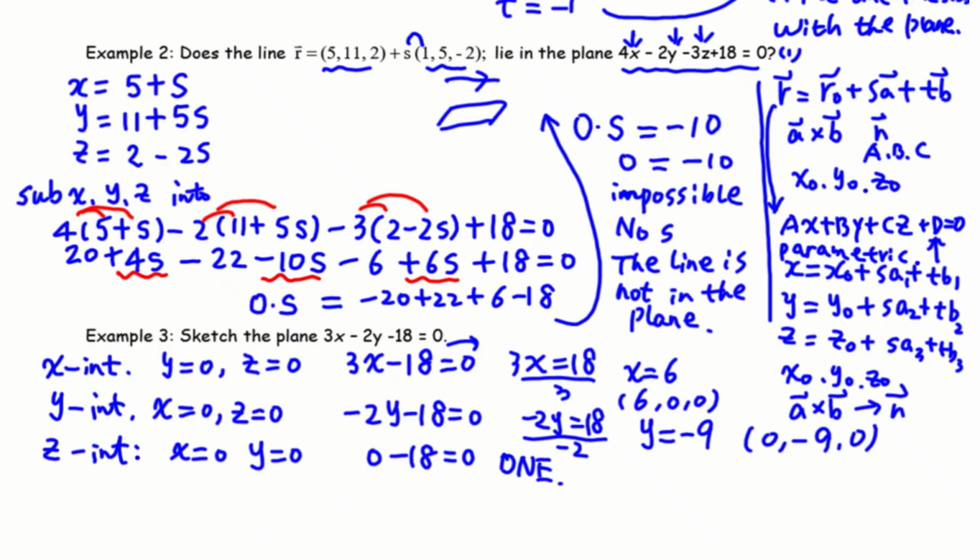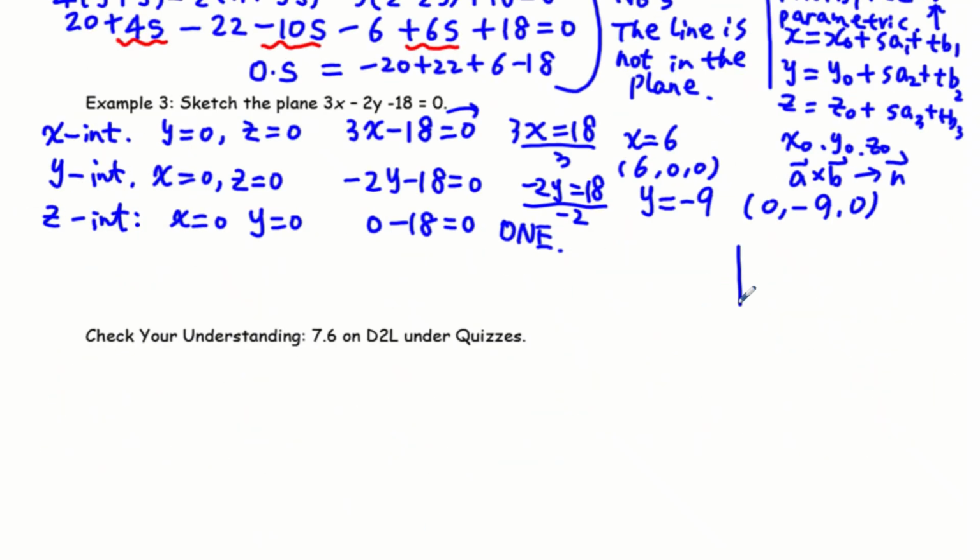Then how are we going to graph it? We are going to draw the x, y, then we hold our hand, the finger from x to y, wrap it. The thumb will be our z direction, okay? So the 6, 0, 0 is not to scale, and the y is going to the left. So this is (0, -9, 0).